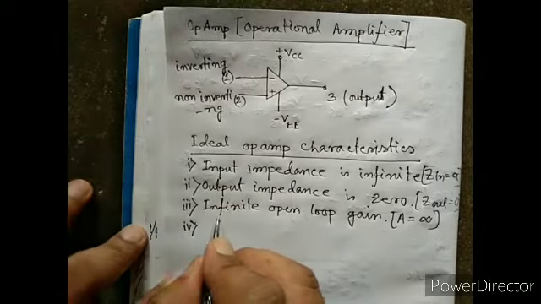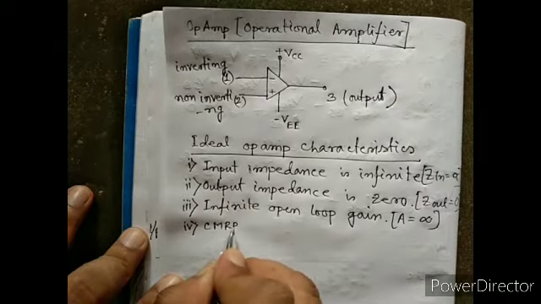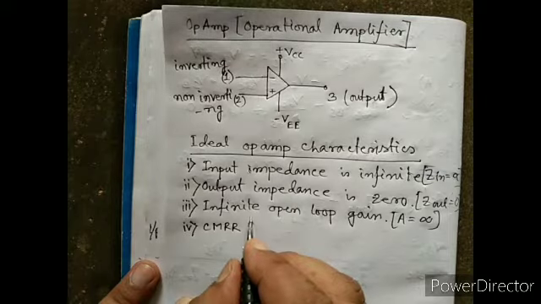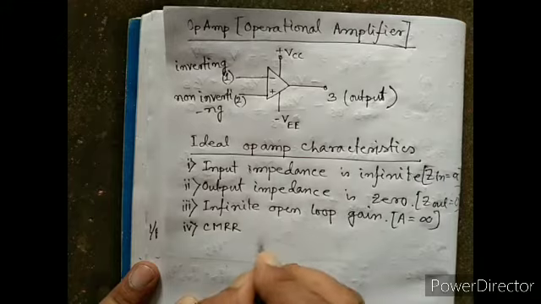Common mode rejection ratio, CMRR, common mode rejection ratio of an ideal operational amplifier is infinity.